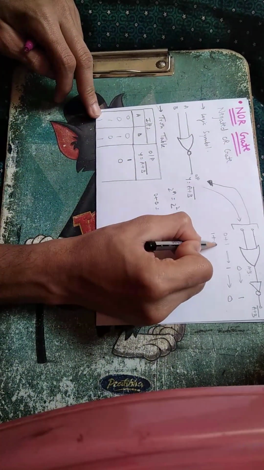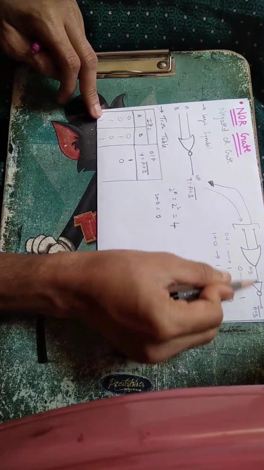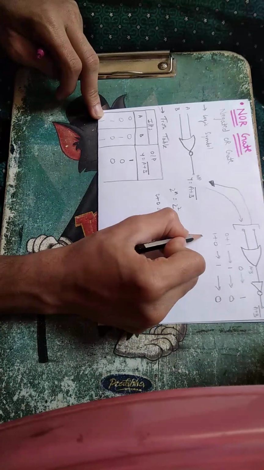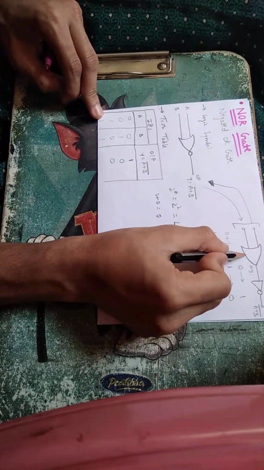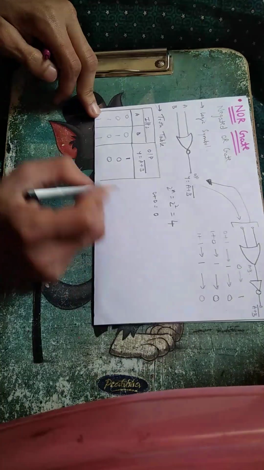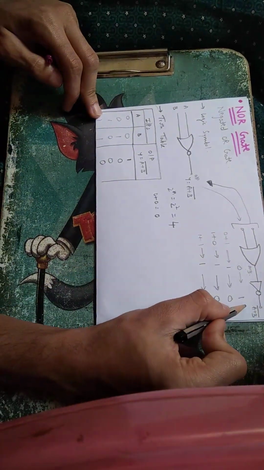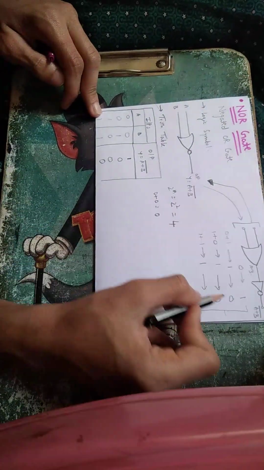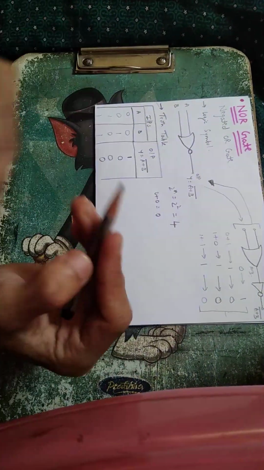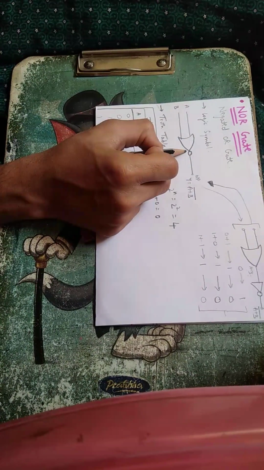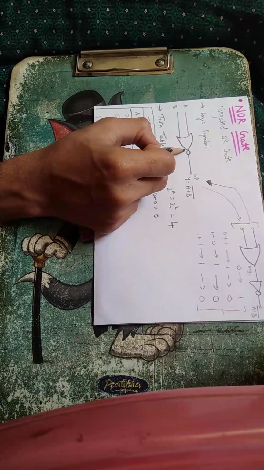Similarly, 1 plus 0 was 1, but when it passes through the NOT gate, it will be 0. And 1 plus 1 was 1 in the OR gate, but when it passes through the NOT, it will be 0. The inversion that is taking place, 1 becoming 0 and 0 becoming 1, is because of the bubble present in front of the OR gate.